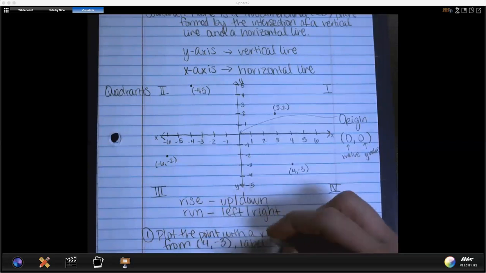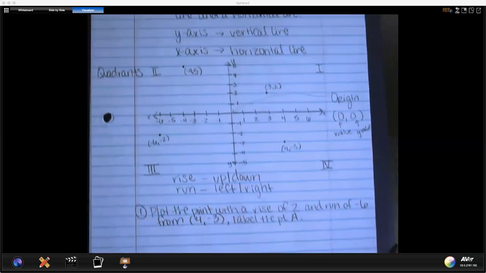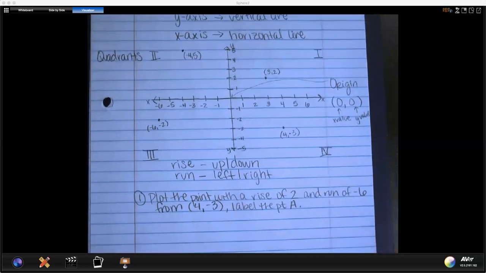Label the point A. Sorry, that was kind of down there. Okay, so we're going to plot the point with a rise of 2 and a run of -6 from the point 4, -3, and we're going to label it point A.